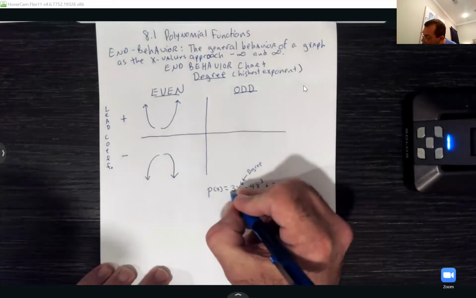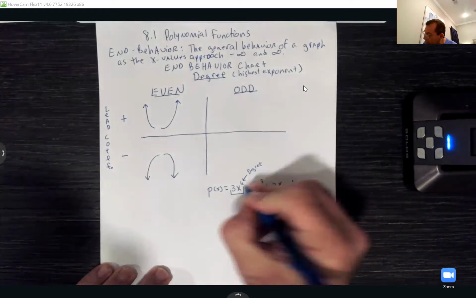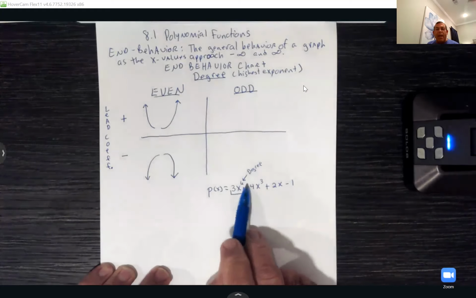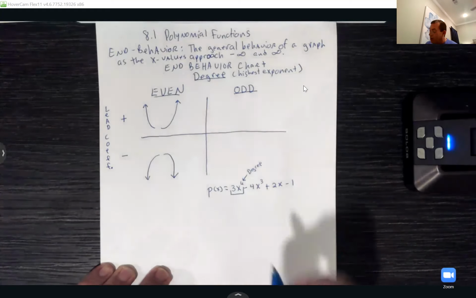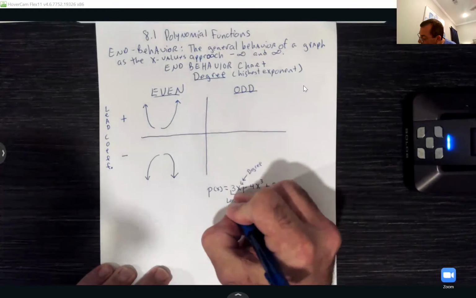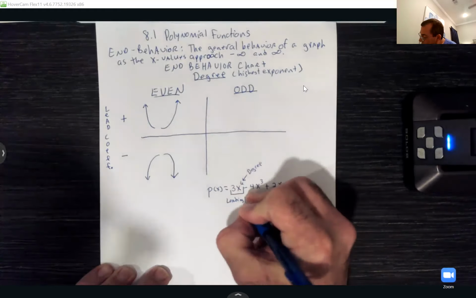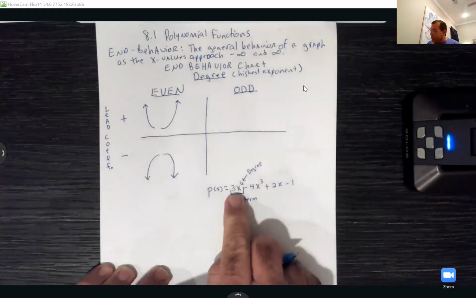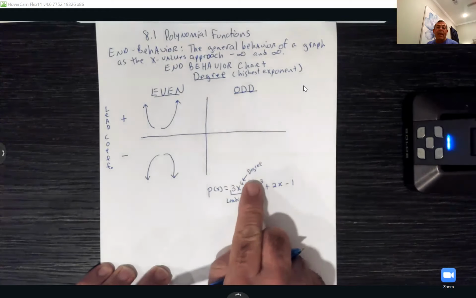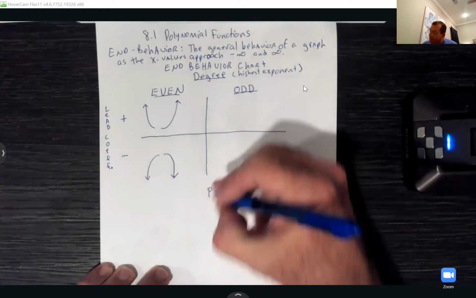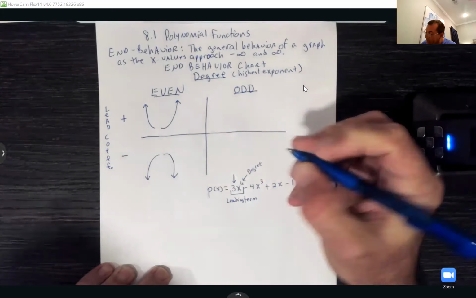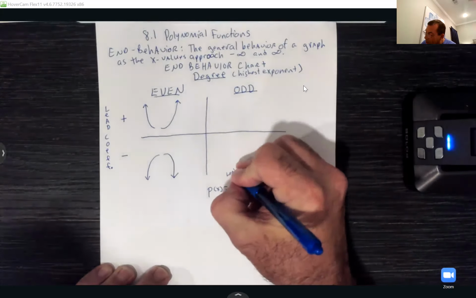So since the degree was in this first term, this whole term is what we call the leading term, because it's the term of the polynomial that had the degree. This 3 in the front is what we would call the lead coefficient.